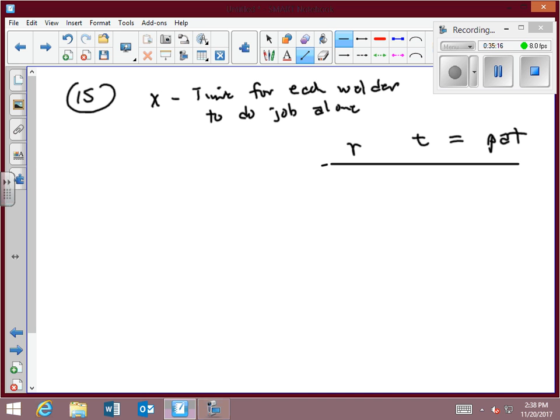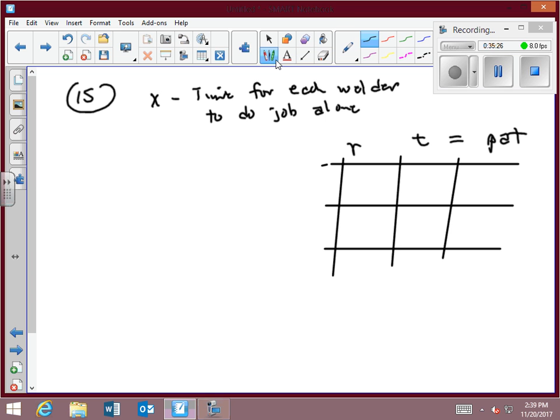So I'm going to organize my data. All I can say is there's a first welder and a second welder, right? And X is the time they each take to do it alone. So what are their rates alone? 1 over X, isn't it?